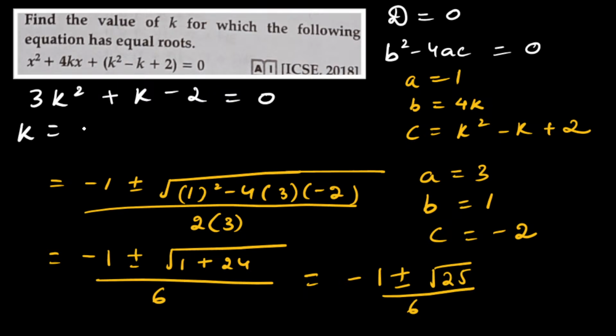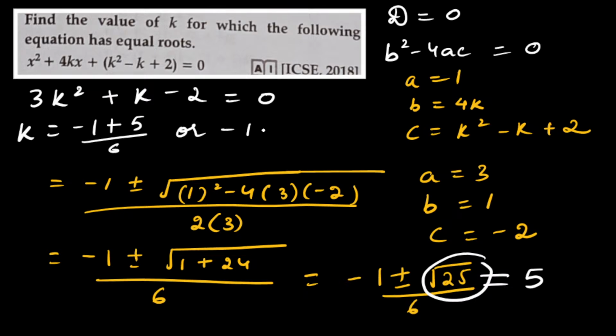So k is equal to minus 1 plus minus the square root of 25, we can write it as 5. We know the square root of 25 is 5. So minus 1 plus 5 by 6, or minus 1 minus 5 by 6.